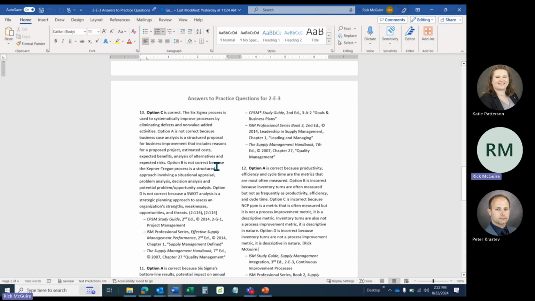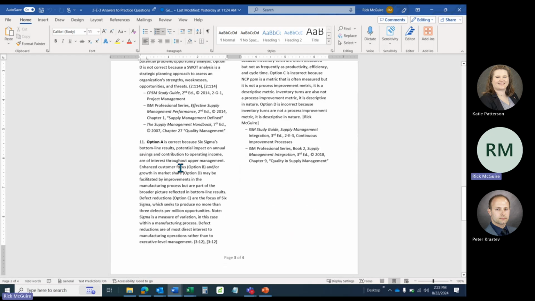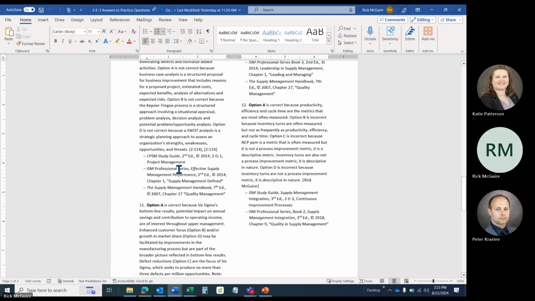Happened to Bravo. Oh, Kettner-Trigo process structured. Okay. 11 is Alpha. Six Sigma's bottom line results, potential impact on annual savings and contribution to operating income, interest senior management. 12 is also Alpha.